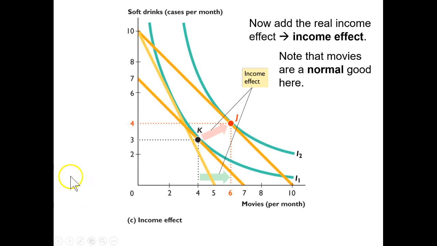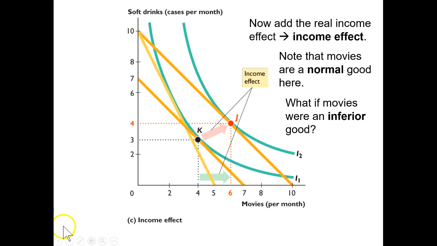But a little puzzle for you to think about is, what if movies were an inferior good? An inferior good is when your incomes rise or you're able to afford more, you decrease the quantity demanded. What would happen in that case? How would we represent that using our indifference curve and budget line analysis? That's something for you to just puzzle over.